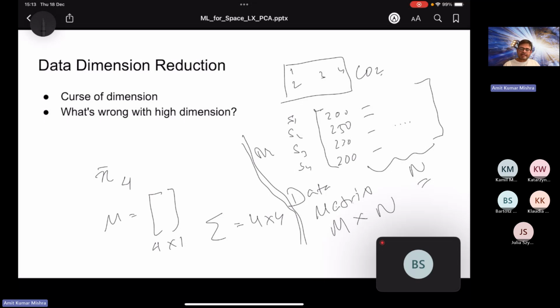If they are correlated, then even though there are 4 dimensions, maybe 2 dimensions are good enough to have all the information, because it depends on how much information is available to be collected, to be measured. If the information is not too much, then maybe just 2 sensors are enough. But again, that is a guess. How do you find out if they're enough or not?